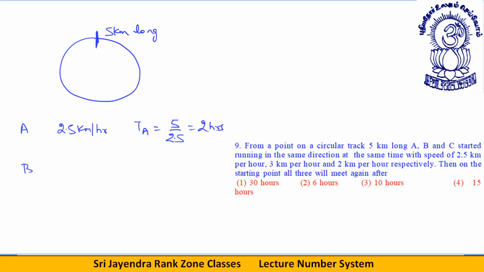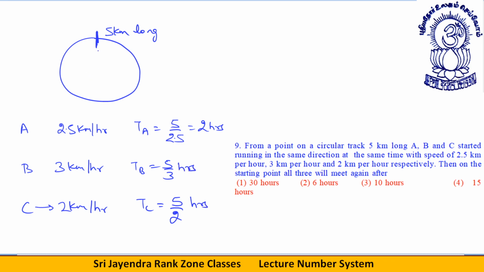Okay, let's talk about B. Speed of B is 3 kilometer per hour. So the time of B will be 5 divided by 3. And for the last person, the speed of C is 2 kilometer per hour. The time of C will be 5 by 2 hours.